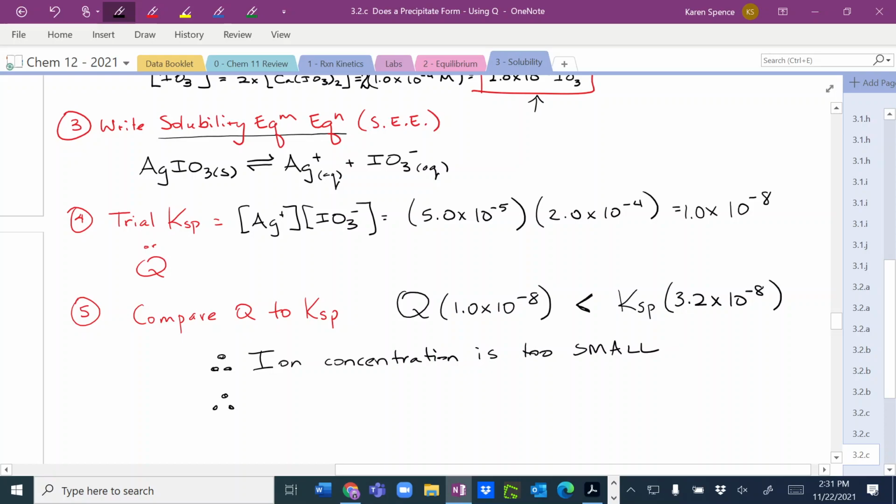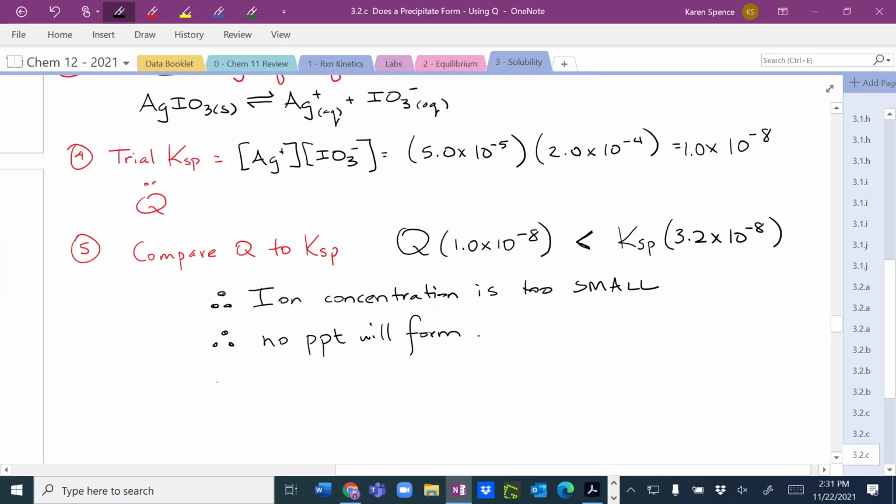This is like you don't have enough guests at the hotel, so there's no people left outside. Yes? So no precipitate will form. And is the solution saturated or unsaturated? Unsaturated, yes.